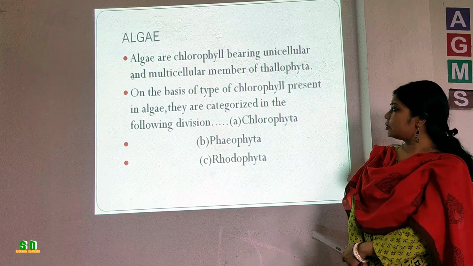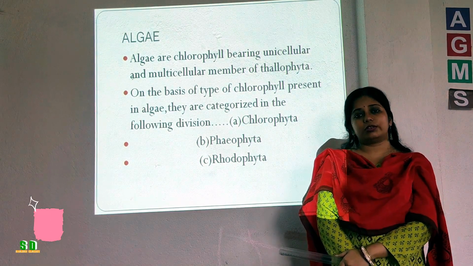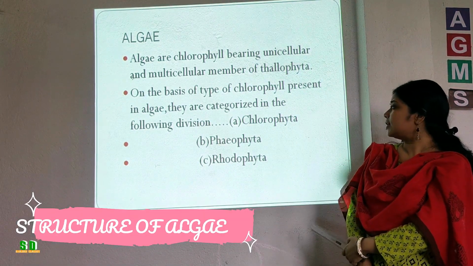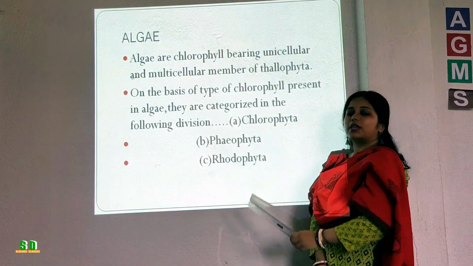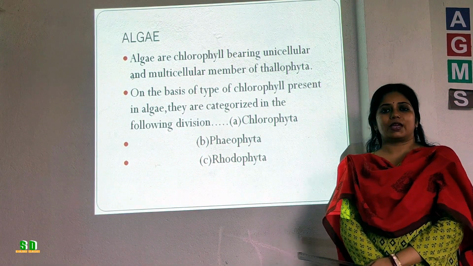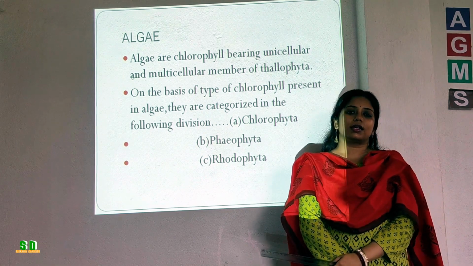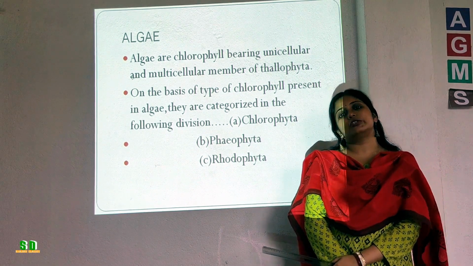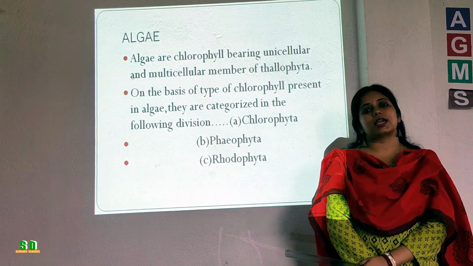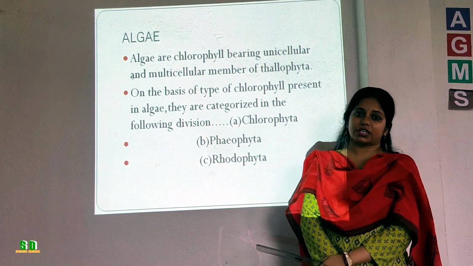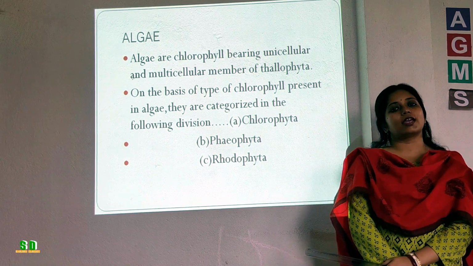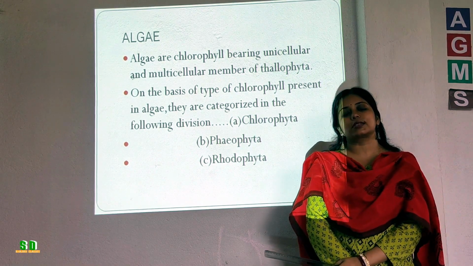But what kind of structure do they have? Already you can see that they can be unicellular as well as multicellular. The unicellular algae may have flagella, and with the help of flagella they can move. That means the unicellular member can be motile. The example is Chlamydomonas.